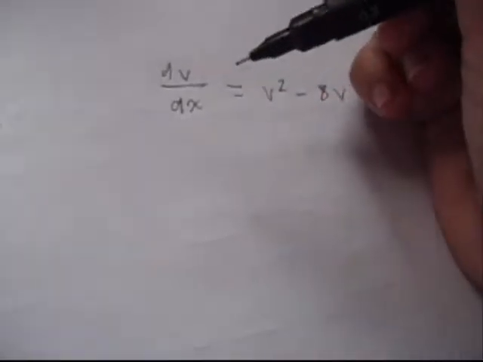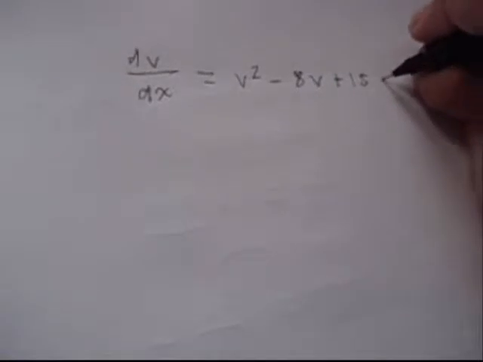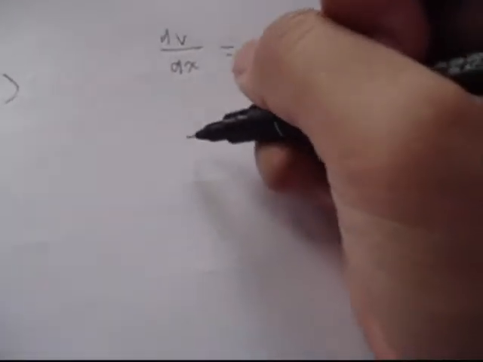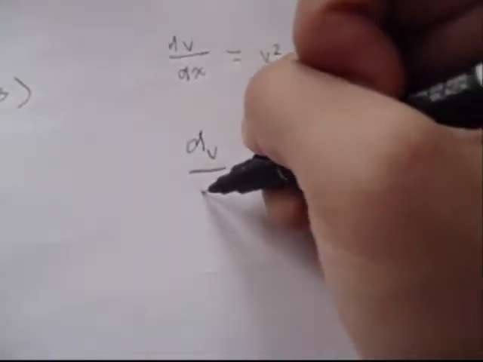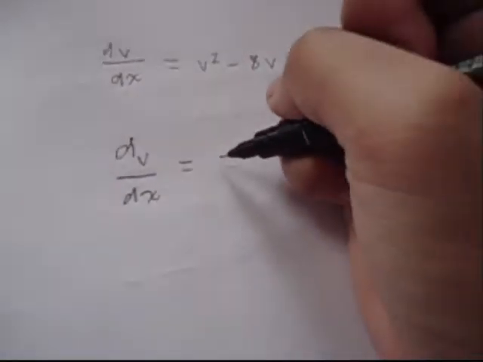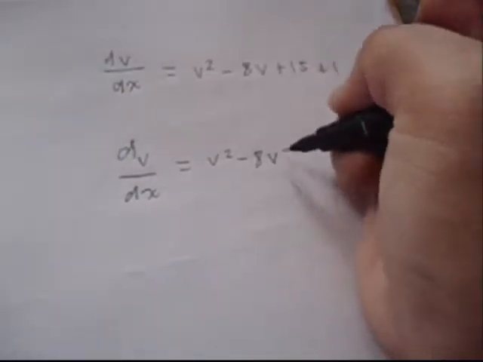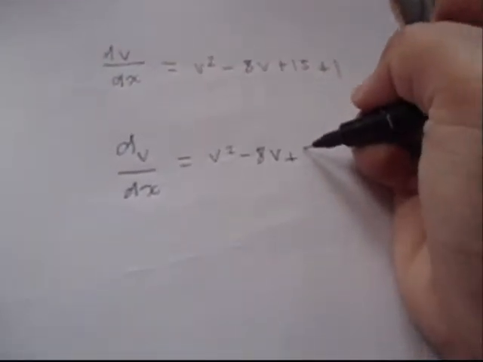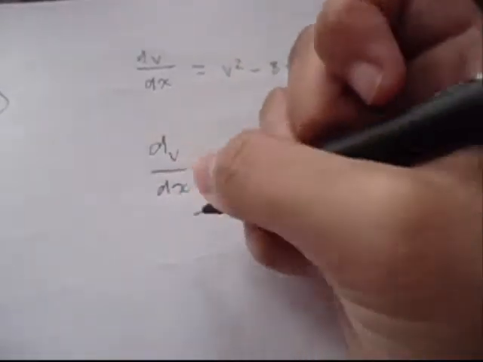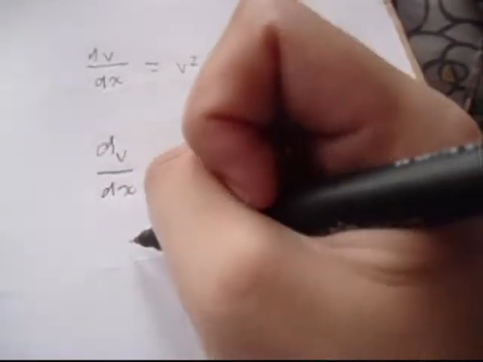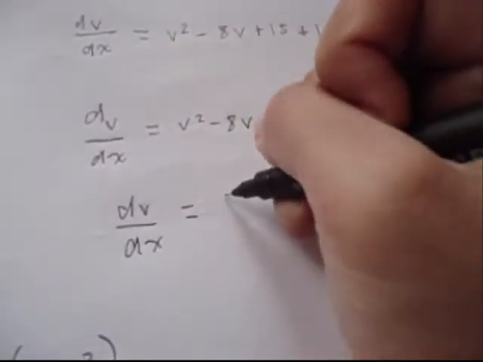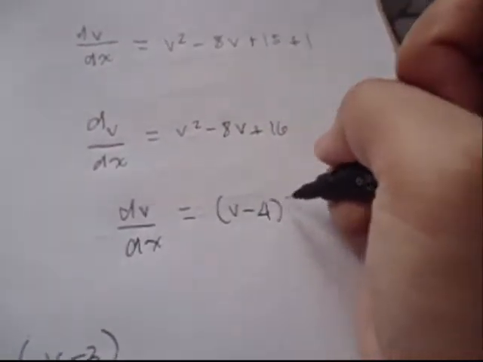Then we have the 1, so we add it, transferring it to the other side it becomes positive. So we have now dv over dx is equal to v squared minus 8v plus 16, or simply we can write this as dv over dx is equal to (v minus 4) squared.